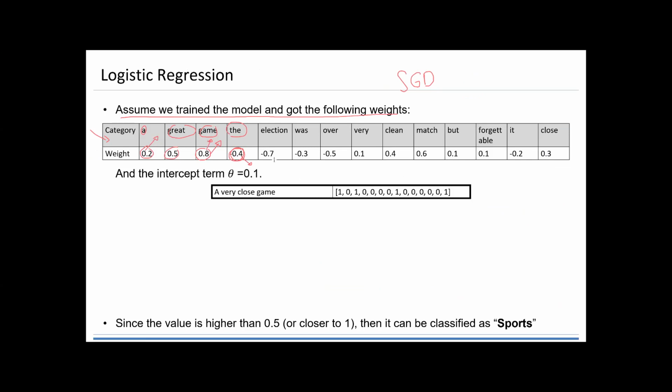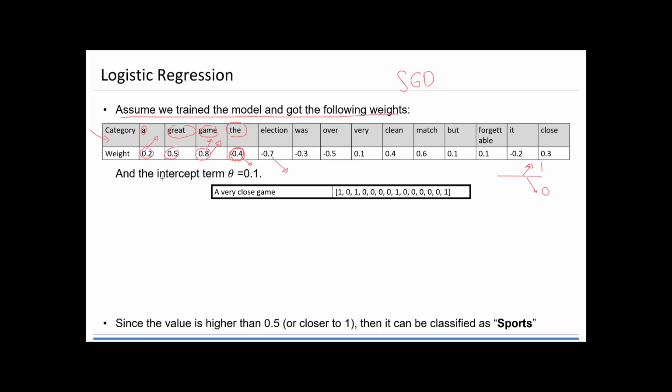Kim is high and election is something like in the minus. Then we can have an idea: if it is in the average 0, then if it is higher than 0, maybe it belongs to the class 1. If it is lower than 0, it belongs to the other class, or the class 0.